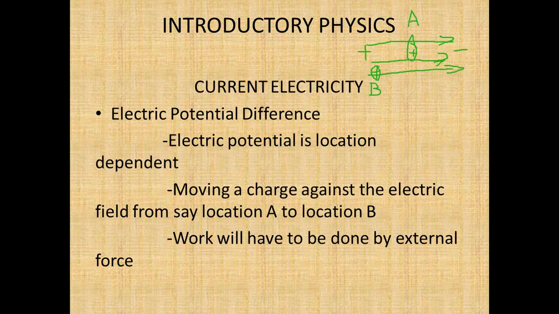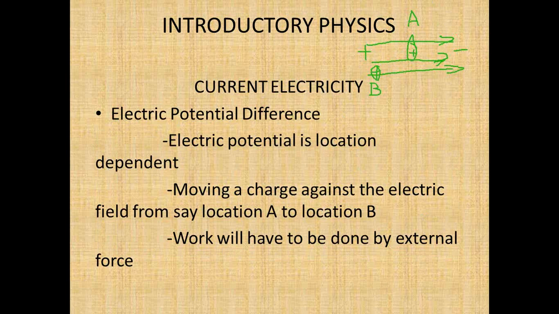If you move a test charge against the electric field from say A to B, then it's going to have greater electric potential energy at position B. Work will have to be done by an external force in order to get it to B, because the natural tendency again is for a positive source charge to repel your positive test charge. But you can overcome that repulsion by doing external work.